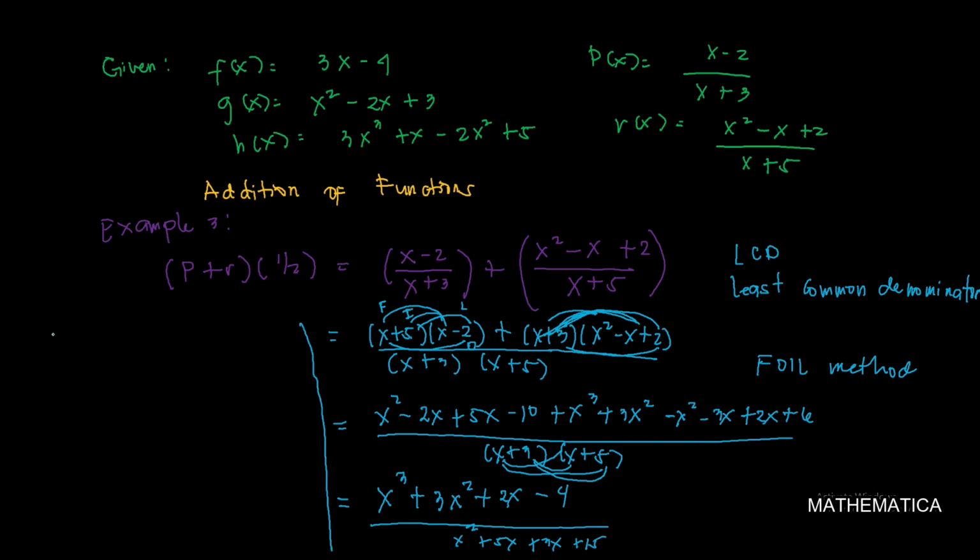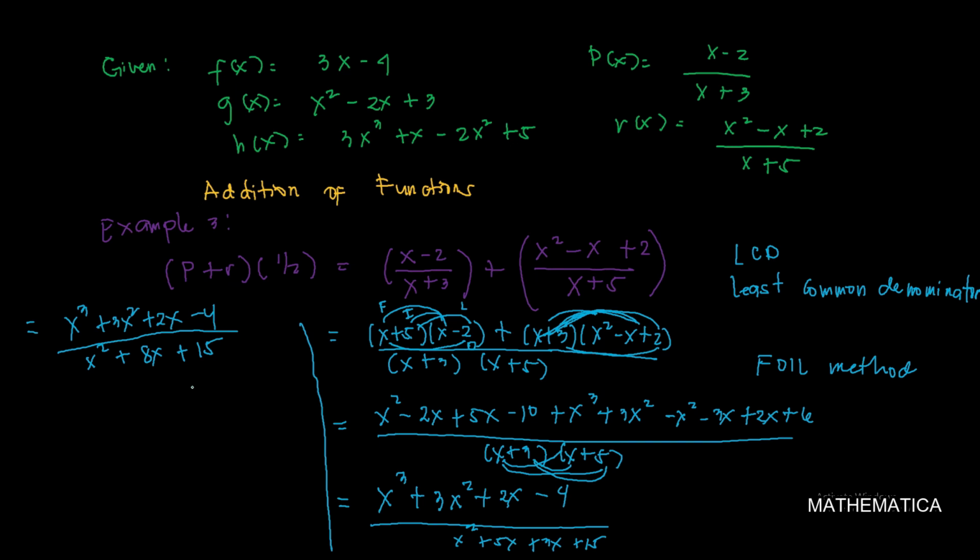So, magkakaroon tayo ng x cubed plus 3x squared plus 2x minus 4 over, simplify natin yung like term sa denominator. So, we have x squared plus 8x plus 15.